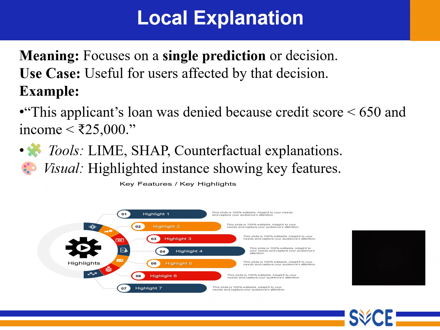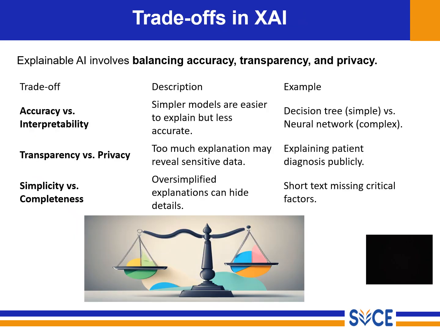Okay. Then now this is a very real part: trade-offs. So in real life and in AI, we can't have everything at once. The second one is transparency versus privacy.